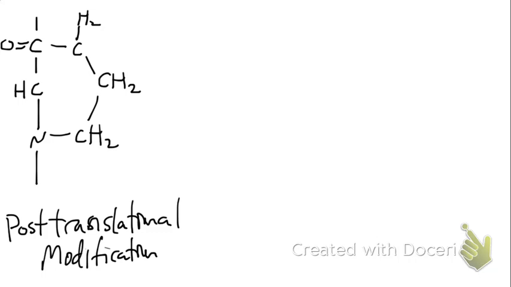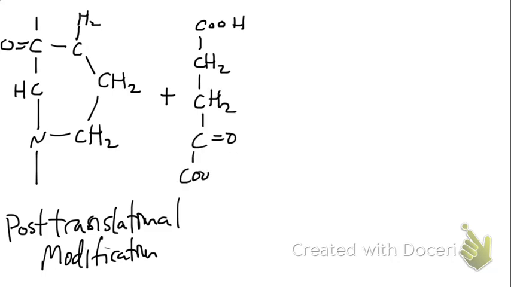And so what happens is we have our proline residue, and the enzyme that performs this activity, we're not going to worry about its name right now, takes a proline residue plus this molecule. We will see this again when we talk about the citric acid cycle.